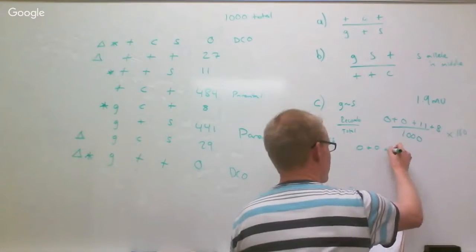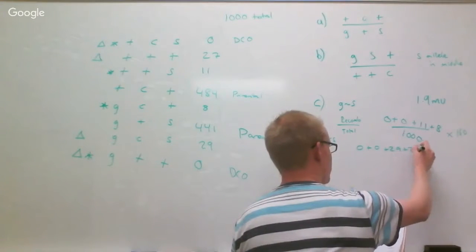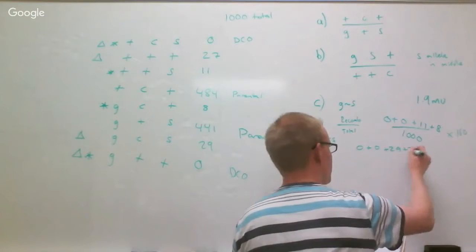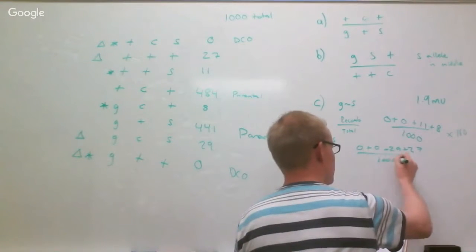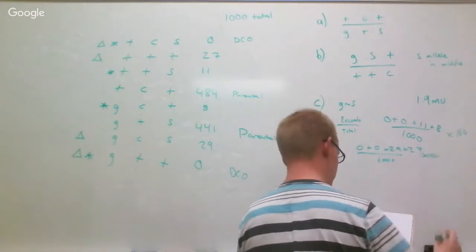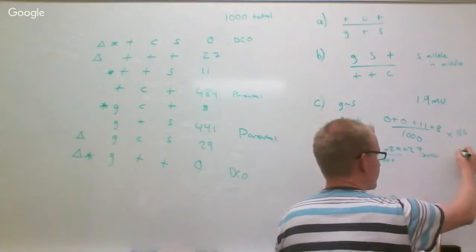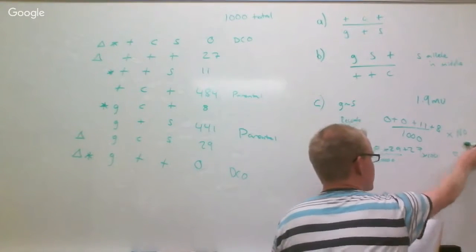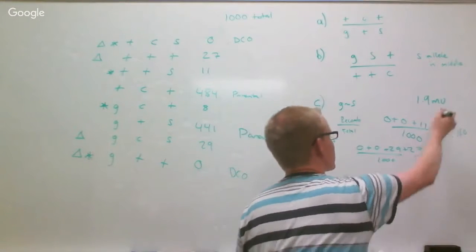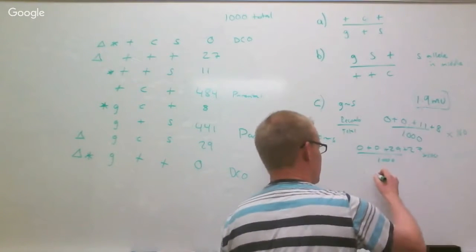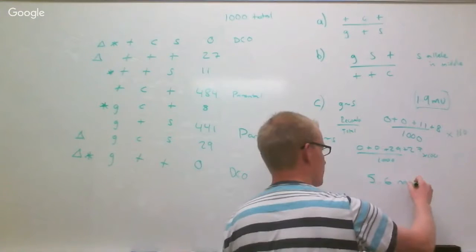So let's add 29 and 27, over 1,000 times 100. And that'll give us 5.6. So I'm going to write that over here where we can see a little bit better. 5.6 MUs.